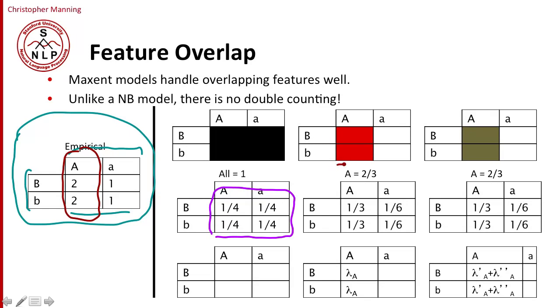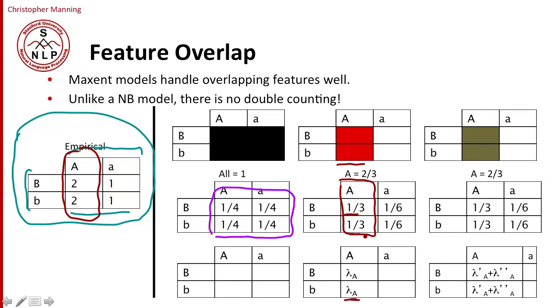So our second feature is this red feature. And the expectation of that red feature in the empirical data is 2/3. So we add a parameter to the model that captures that. And so then the distribution that we get is that 2/3 of the data has to be in this column. And so each of these cells is then uniformly 1/3, 1/3.